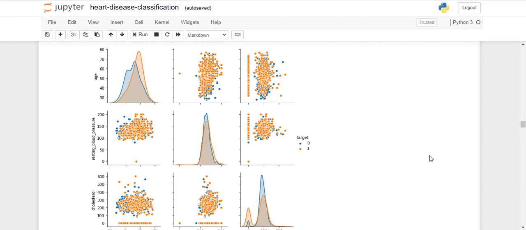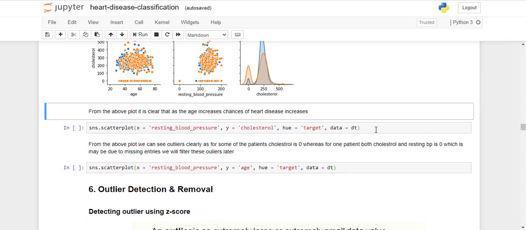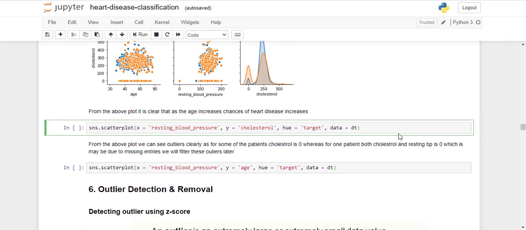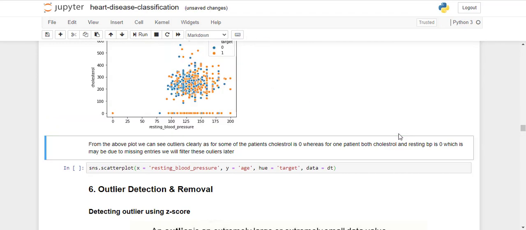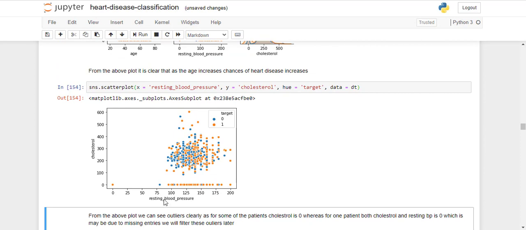And next we'll be seeing our other variables, which are resting blood pressure and cholesterol. So this is the resting blood pressure and this is the cholesterol. Okay, so as we can observe, in the later part we have some outliers.